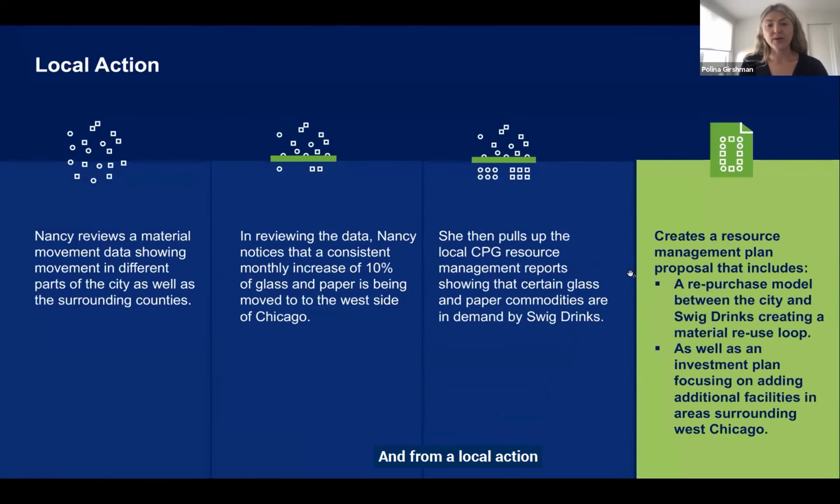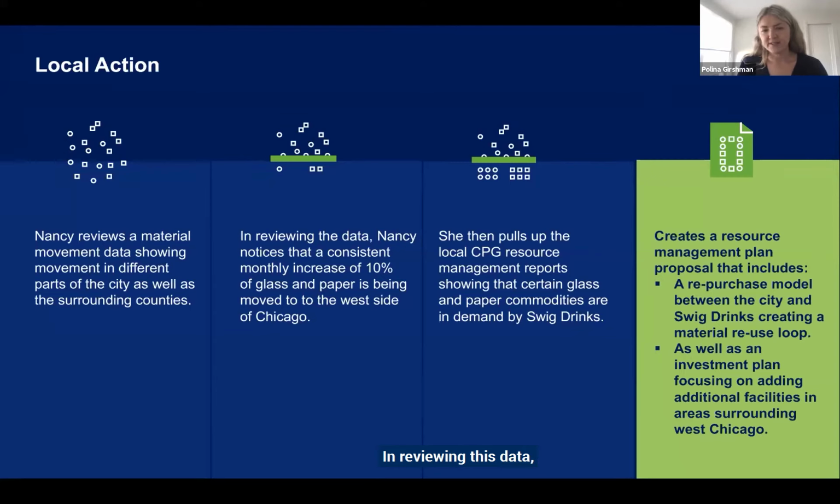And from a local action and impact perspective, I would just like to take a moment to paint a high-level picture of Nancy's journey and how she could influence better decision-making. So at the get-go, she is reviewing material movement data that shows the movement of stuff, so to speak, around the Chicago city limits.